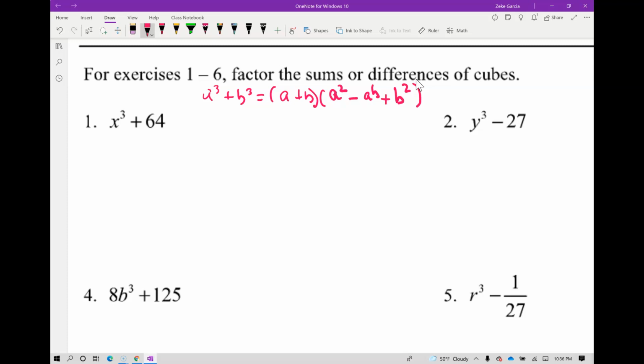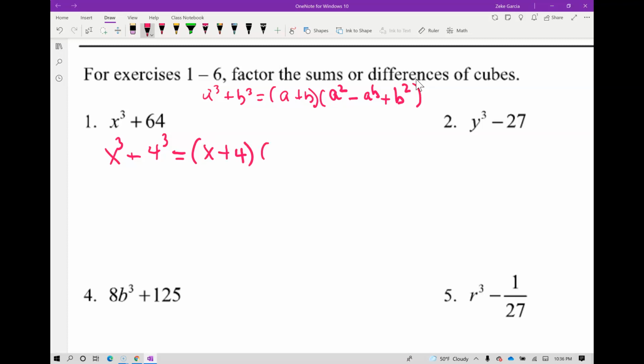Now we're just going to rewrite our expression so you can identify a and b. So you have x to the third power plus, we know that 64 is going to be 4 to the third power. So just by looking at the expression, you can identify that a is x and b is 4. So if you want to factor this, you're going to write your linear factor, which is x plus 4.